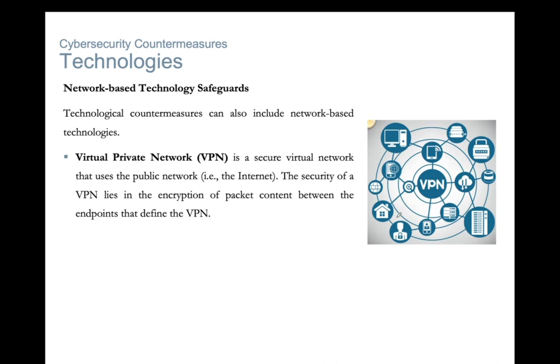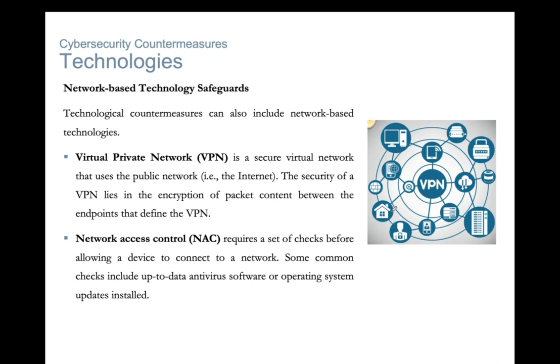Another network-based technology safeguard is network access control, or NAC, which requires a set of checks before allowing a device to connect to a network. Some common checks include up-to-date antivirus software and installed operating system updates.